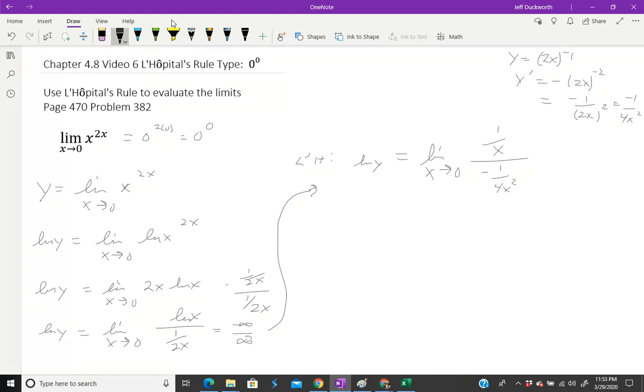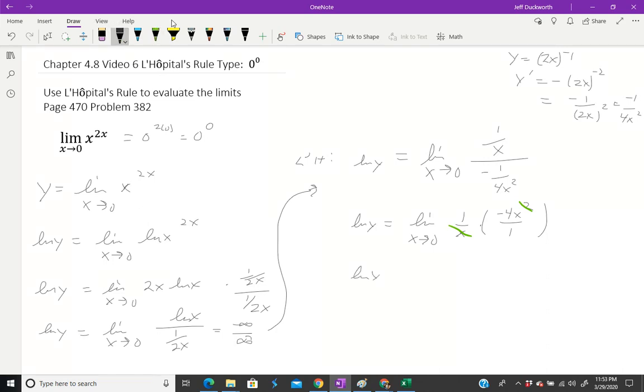All right, so I can now multiply by the reciprocal of the bottom. So that's going to be 1 over x. We're dividing by negative 1 over 4x squared, so I can multiply by negative 4x squared over 1. So we get some cancellation here. This cancels with our exponent.